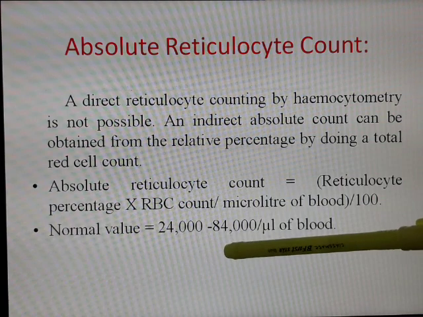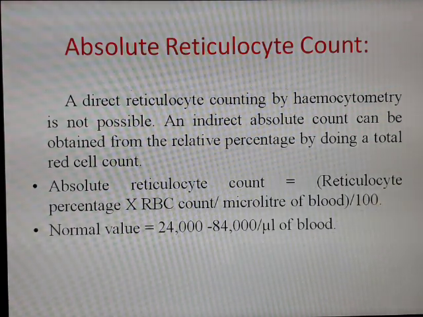The normal value is around 24,000 to 84,000 per microliter of blood. Some books say 20,000 to 90,000, and some say 25,000 to 1 lakh per microliter of blood, but you can stick to 24,000 to 84,000 per microliter of blood.